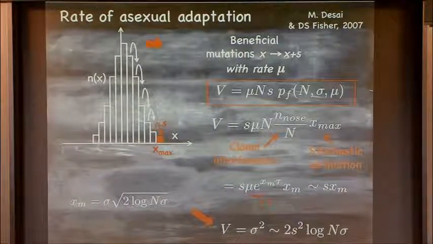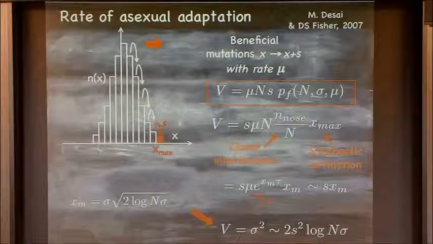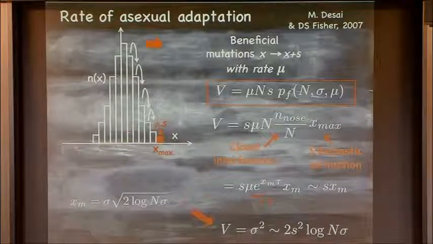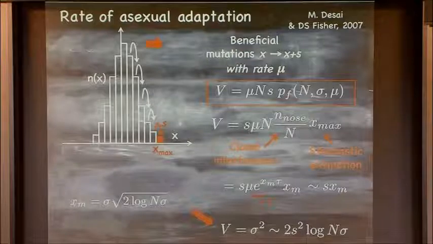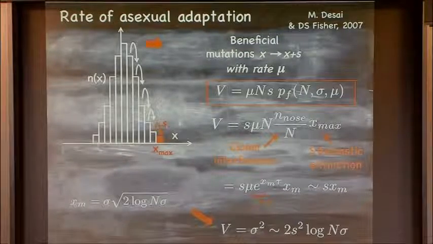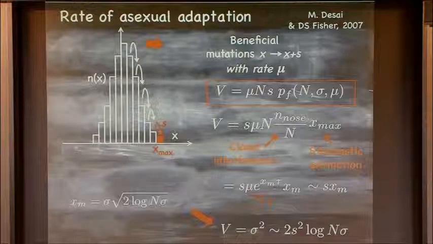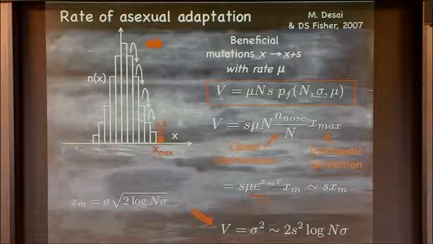It just illustrates this very simple idea that the most important thing in understanding the rate of adaptation is to understand the probability of survival for the new allele. And that very much expresses the underlying dynamics of clonal competition.